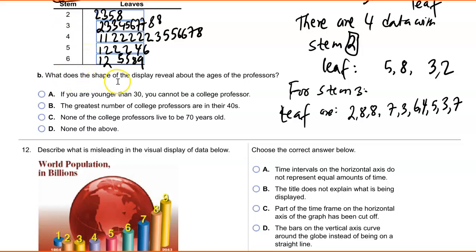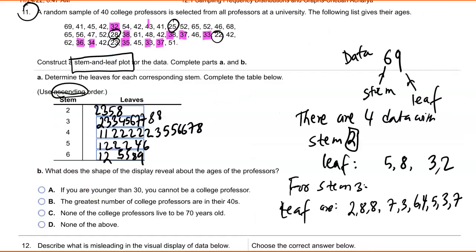Part B. What does the shape of the display reveal about the ages of professors? The stem plot determines that. Remember that the greatest number of college professors are in their 40s, because you see 41, 41, 42, 42.